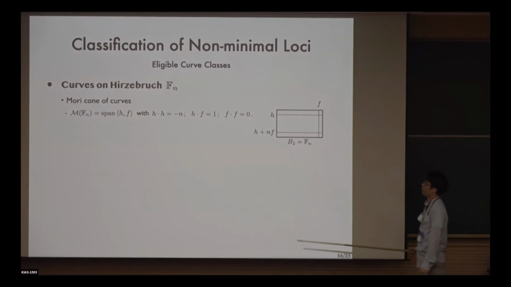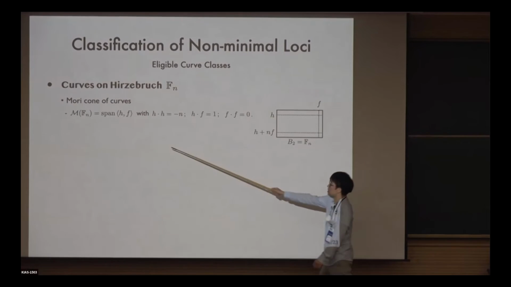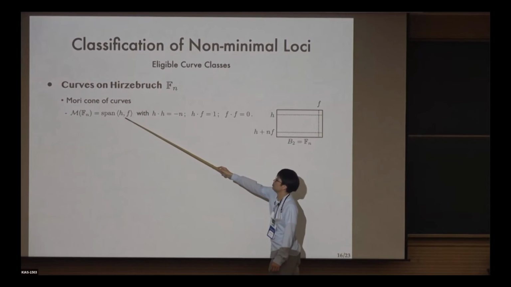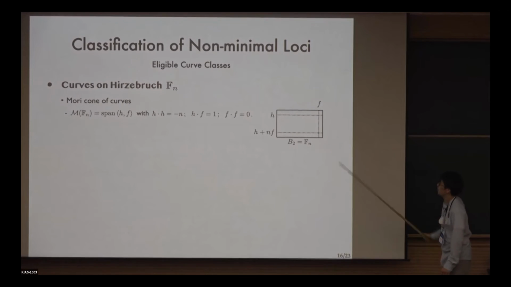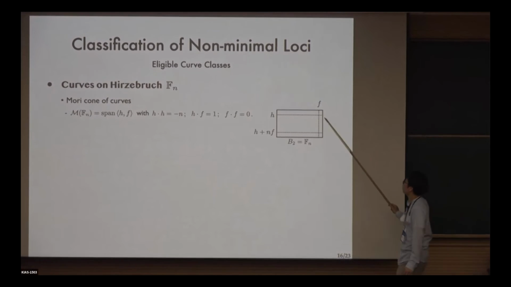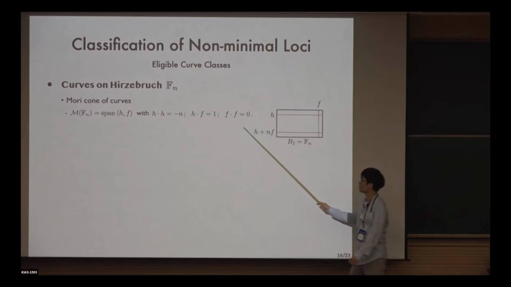So the cone of curves on Fn is generated by the section class H and the fiber class F. So it's a horizontal section and the vertical fiber. And these two are subject to these intersection properties.